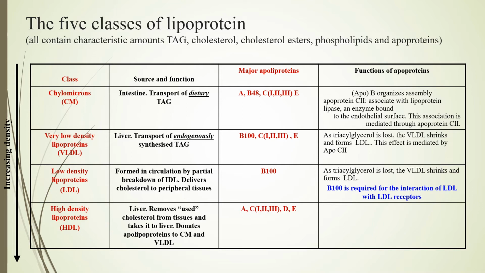ApoB100 in the very low density lipoproteins and low density lipoproteins serves as a recognition particle for the very low density and low density lipoprotein. They recognize the low density lipoprotein receptors on cells.